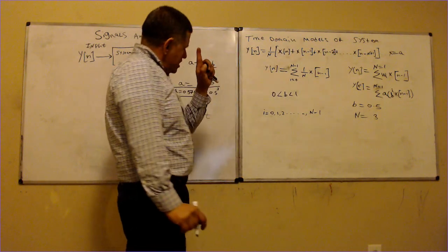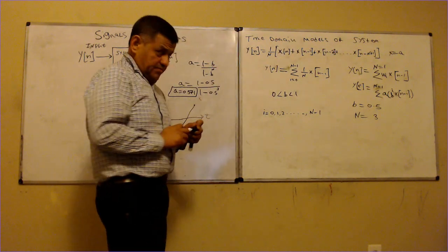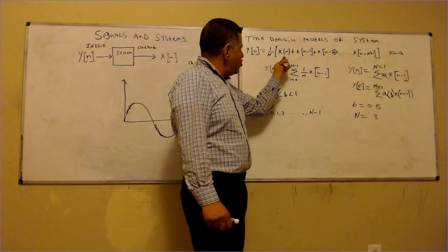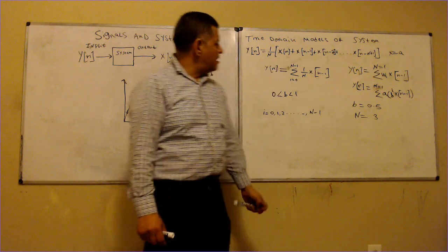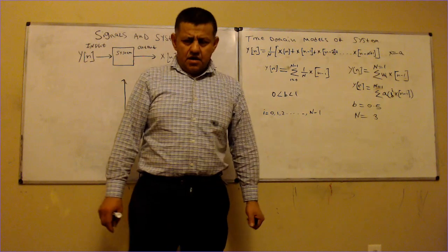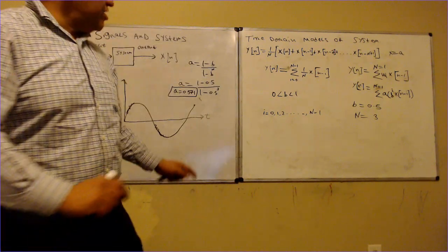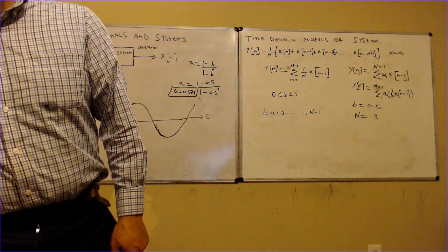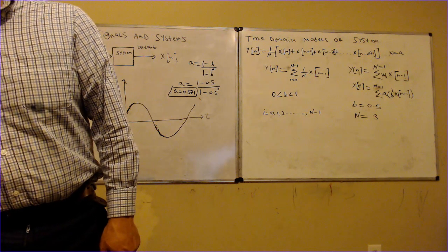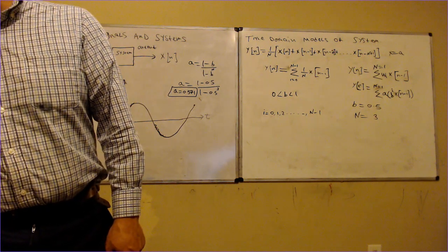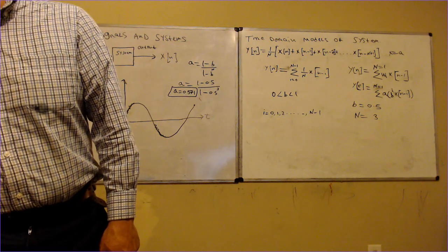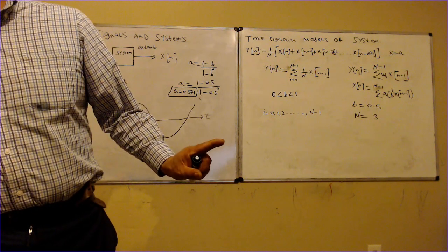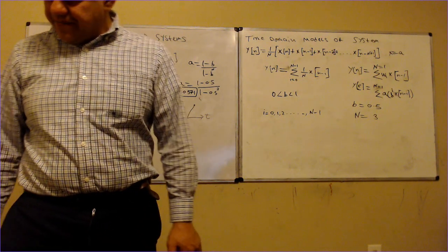Now, if you look at this, what number will make this number just x of n? This is going to be when B is equal to 0. When B is equal to 0, that is going to be equal to x of n.